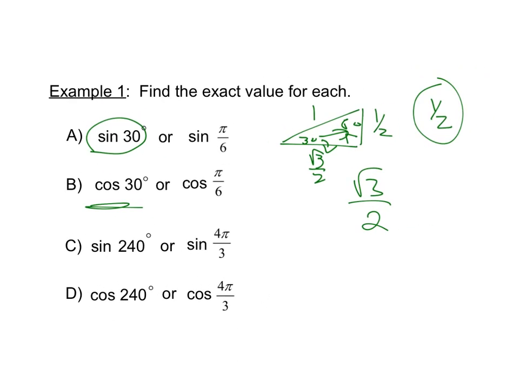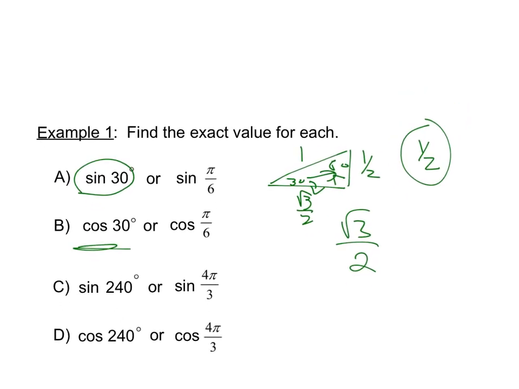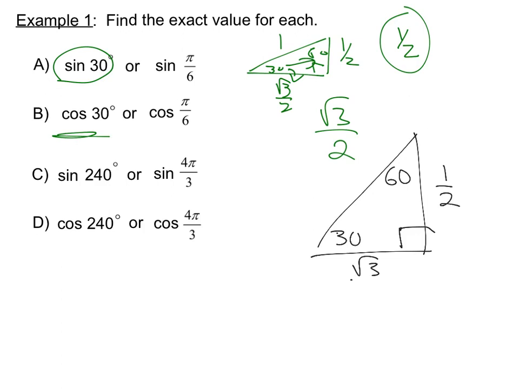Okay, and one way to think about this, if you want to think about it not from the perspective of the unit circle, but just think back to a 30, 60, 90 triangle. You've got 1/2, square root of 3 over 2, and then 1, right? Sine means opposite over hypotenuse.